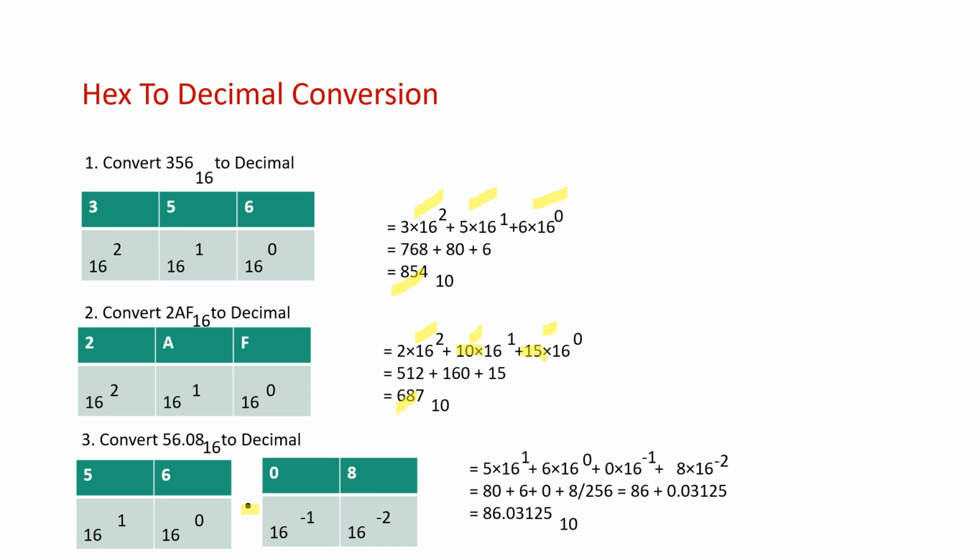So we will look at the computation. It's going to be 5 into 16 power 1 plus 6 into 16 power 0 plus 0 into 16 power minus 1 plus 8 into 16 power minus 2. Computing that, we get the final result, 86.03125 base 10, which is the decimal equivalent of the hexadecimal number 56.08.